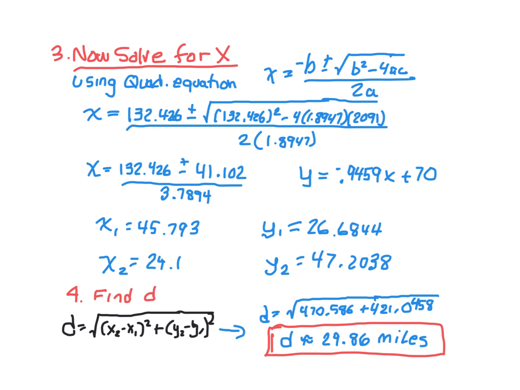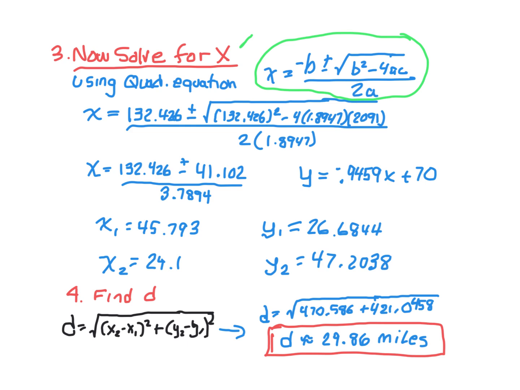Now that we have the quadratic equation, we're going to use the quadratic formula to solve for x. If you recall, the quadratic formula is the following: x equals negative b plus or minus the square root of b squared minus 4ac, over 2a.